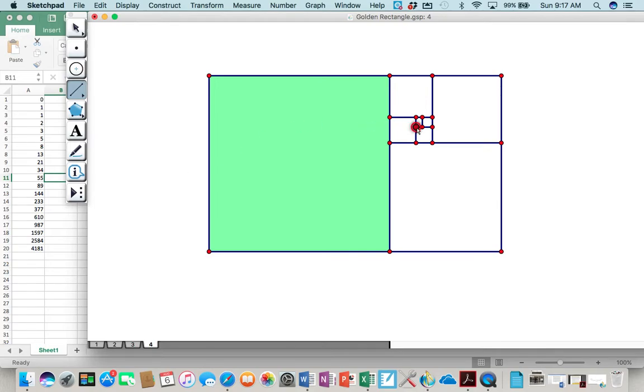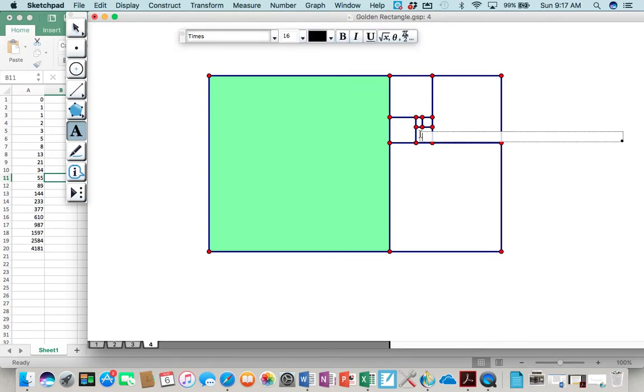So if we can conceive that this distance right here is 1. So let's see if I can put that in. That's a distance of 1 unit. Then this square has a side length of 2.